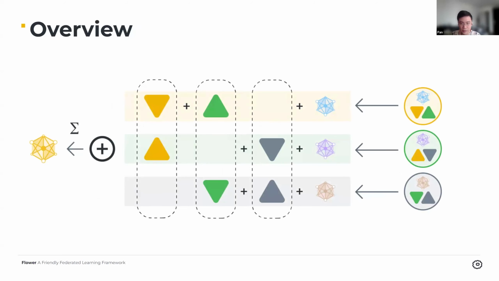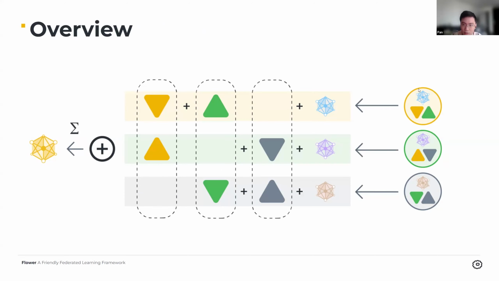A quick overview: the key idea of secure aggregation is pairwise masks. Say we have 3 clients here. For each pair of clients, they are able to generate an identical mask, but one adds the mask to its model update and the other subtracts it.